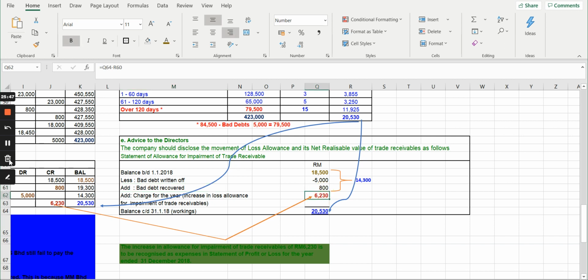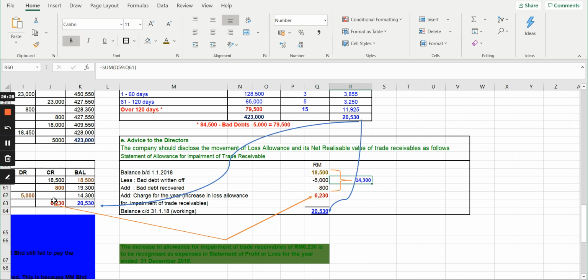Alternatively, let's say you are not required to prepare the 3-column ledger accounts. You just use the statement. If you use the statement, my suggestion is to first add up the last 3 figures, before you finalize your charge for the year, which is 18,500, based on whatever transactions relate to allowance for impairment. This is normally what you will come across. If you total up these 3 items, you get 14,300.